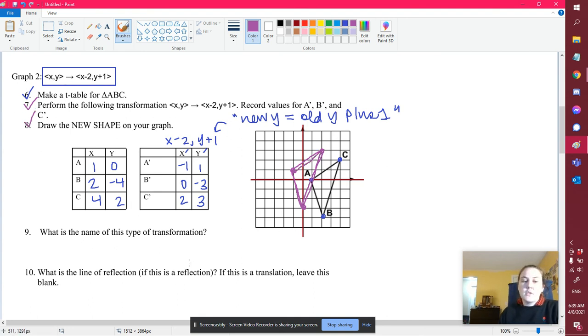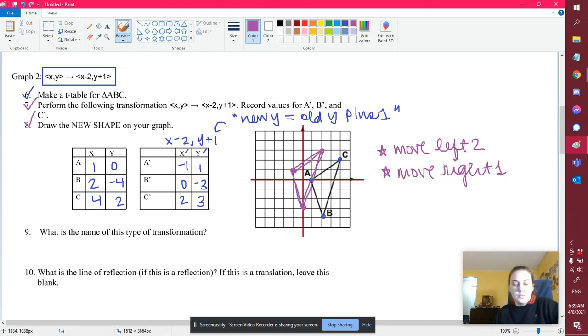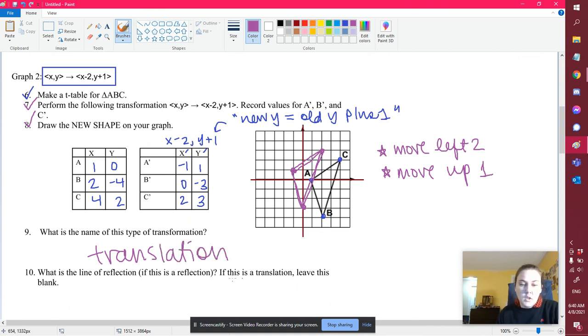The name of this transformation, we're just moving it, basically, we're just saying move left 2 and move right, nope, up. Got there, it's early. Move up 1, right? This is a transformation, or translation. And then if this is a translation, leave this blank, so we're going to leave this blank. Boom.